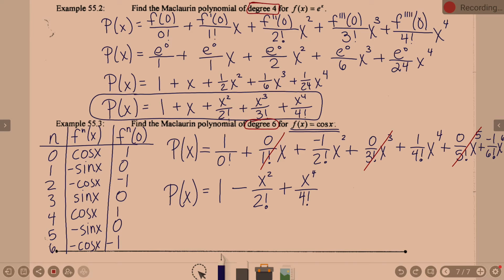My sixth term, notice it is minus x to the sixth over 6 factorial. We're done here because it said degree 6. In all honesty, I could keep writing without doing any more work. Do you see the pattern? All the odds are gone. It's going to be even powers only, and my signs alternate. So we could keep writing past this.